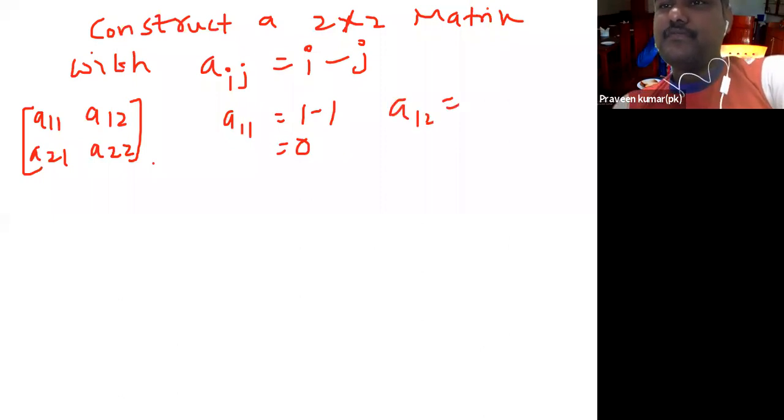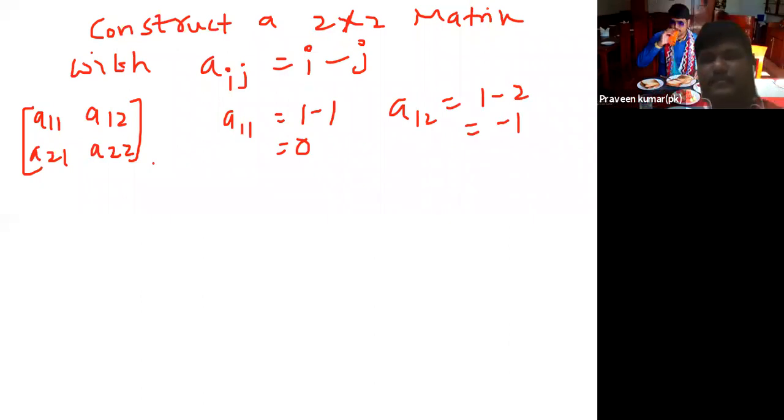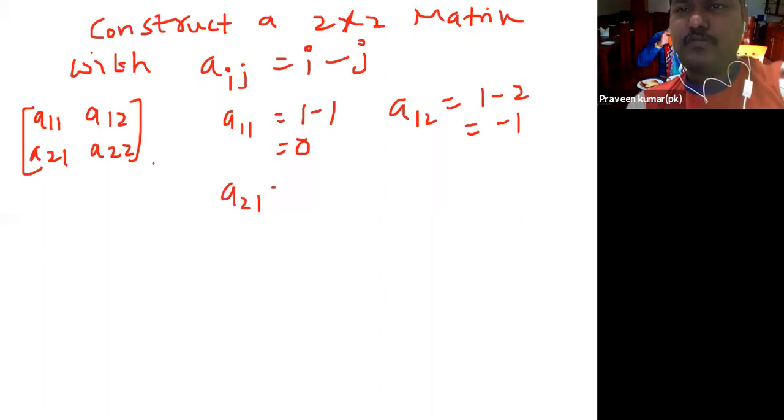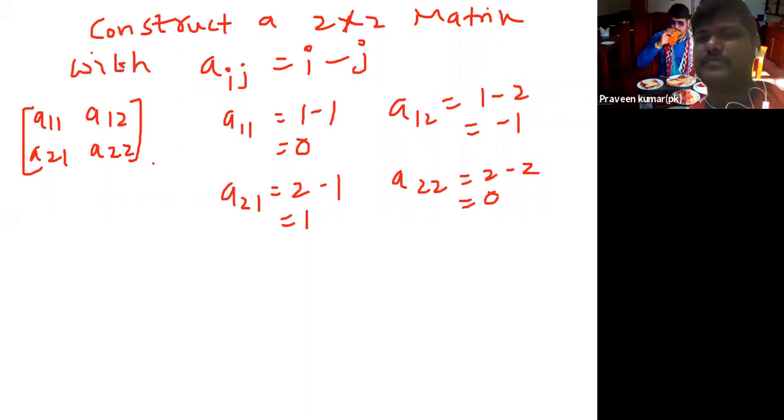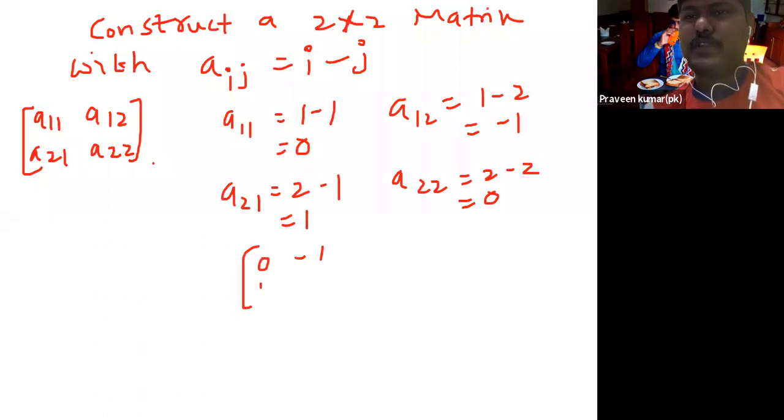A12 value? 1 minus 2, minus 1. A21 value? 2 minus 1, 1. A22 value? 2 minus 2, 0. Then the values are 0, minus 1, 1, 0.